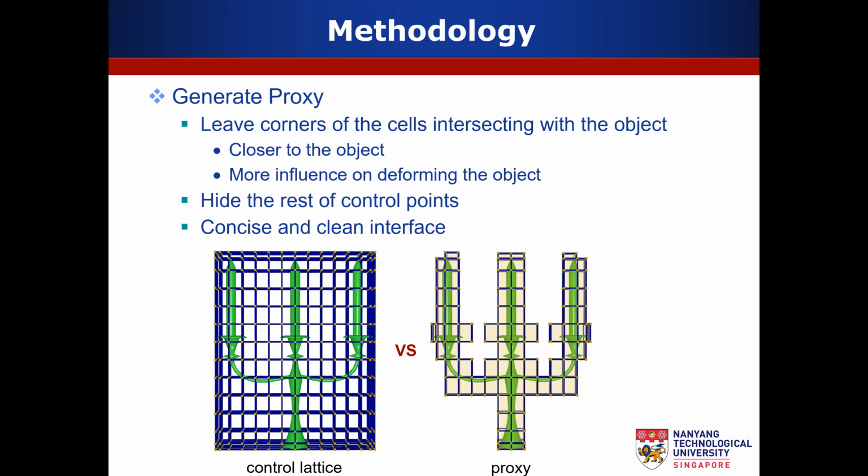To simplify the user interface, we choose to keep the corners of those cells intersecting with the object, which are closer to the object and have more influence on deforming the object, while we hide the rest of the control points. The corner points form a mesh, which we call the proxy. The proxy looks much cleaner, and the proxy serves as a deformation handle.